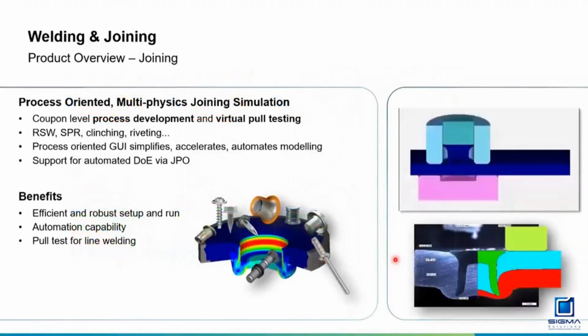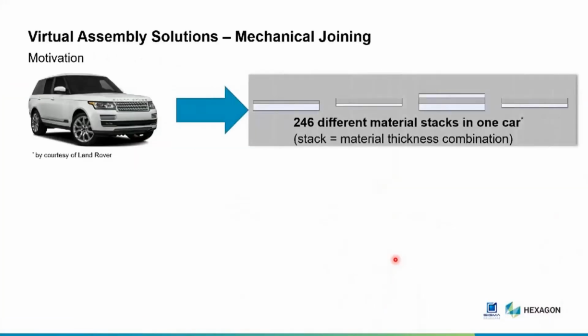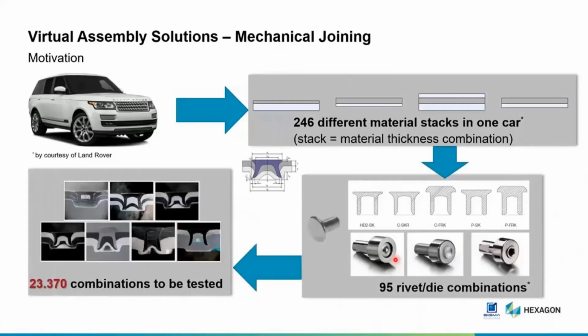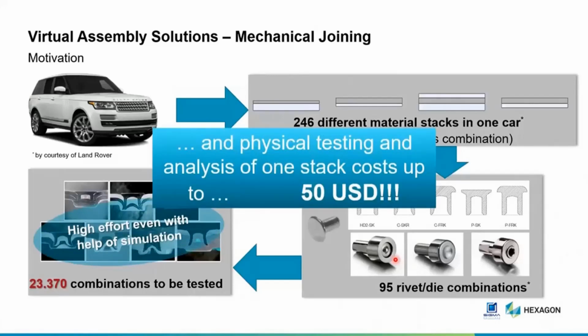Yes, the joining optimizer suggests the best riveting sequence. This is an example of JLR. They were able to reduce 246 different material stocks in one car, which really helped them save a lot of money on physical trial and error.